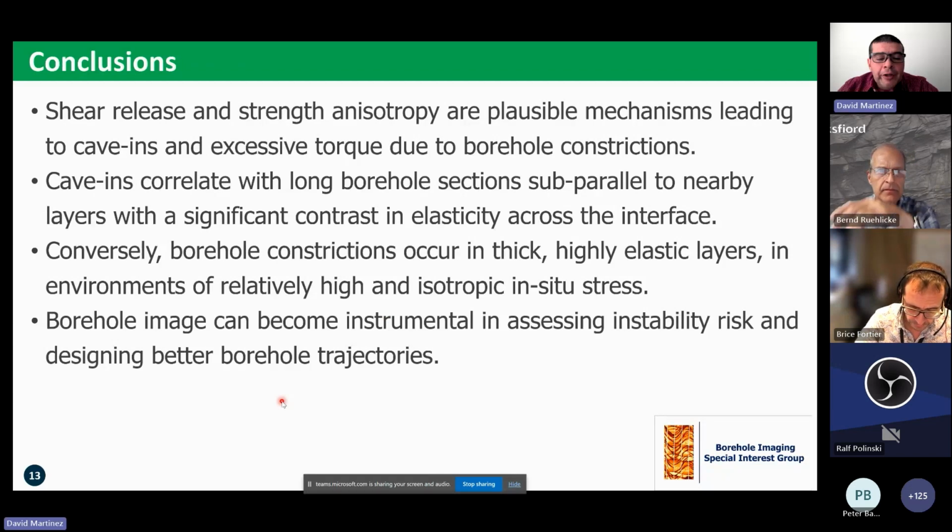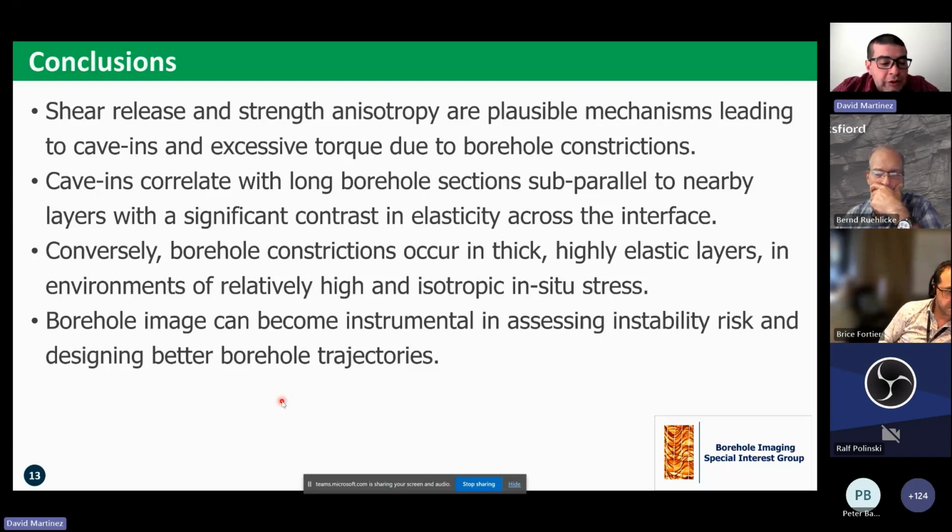Cave-ins correlate with long borehole sections that are drilled parallel to nearby layers that have a significant contrast in elasticity across the interface. Conversely, the borehole constrictions happen in thick, highly elastic layers, where the environment is of relatively high pressure and high isotropic in situ stress.